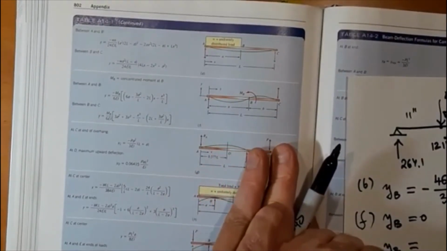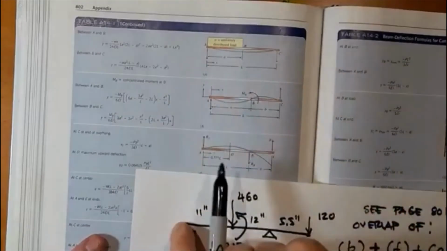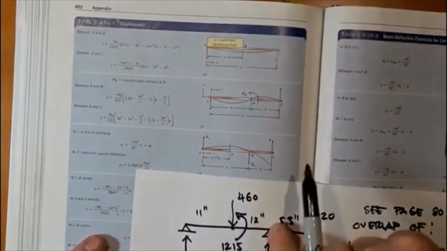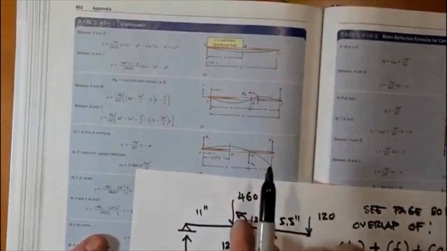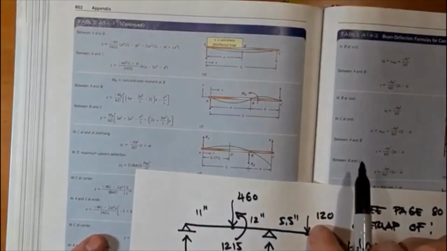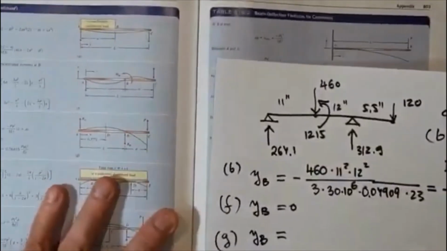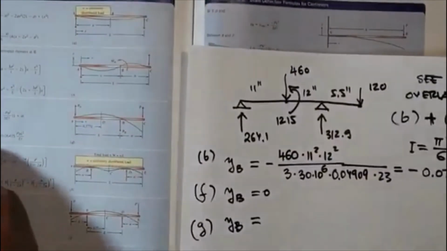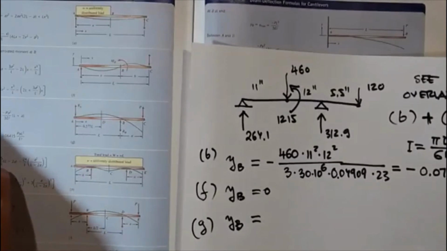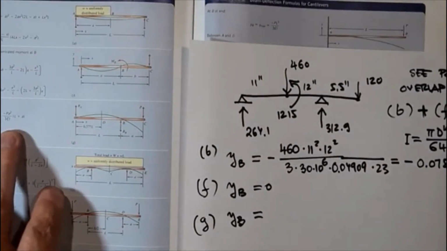It's definitely left of the support, my case here, so I match A and I match this, and I have deflection at 11 inches from A caused by this force alone. And at the end of overhang, I should have read this carefully.